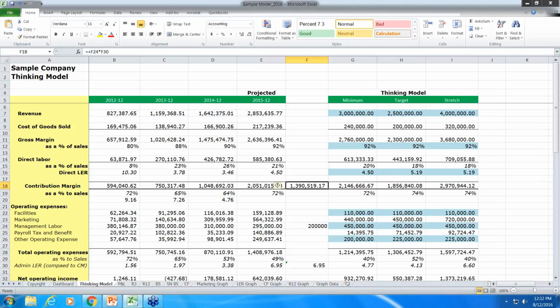So this is a salary range for somebody who might be a CEO or a VP of sales. Well, if I've got to have $1.4 million of contribution margin, what does that mean when I look at how much revenue I have to hire that person?